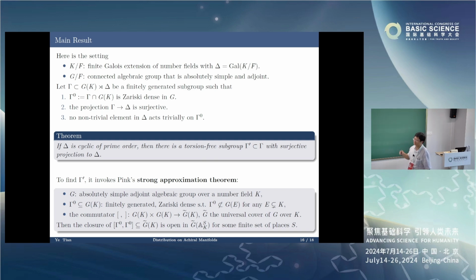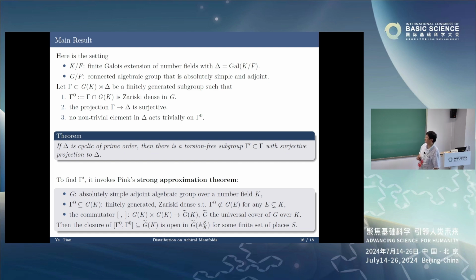Like in the previous concrete situation, you have elements mapping to the complex conjugation, so that the corresponding orbifold is non-orientable. And the third condition is that no non-trivial elements in delta act trivially on gamma 0.